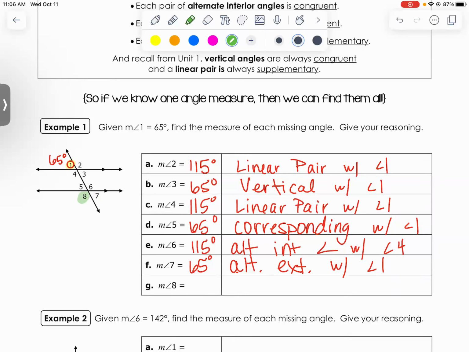Now I'm going to highlight angle 8 and angle 2. What's that relationship? Alternate exterior angles, we know, have the same measure. So if angle 2 is 115, then so is angle 8.